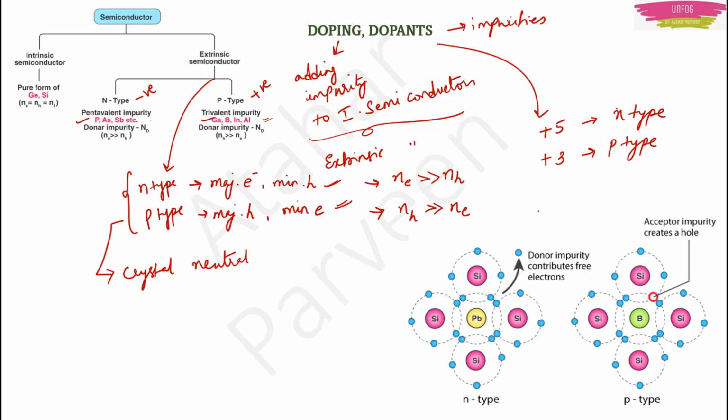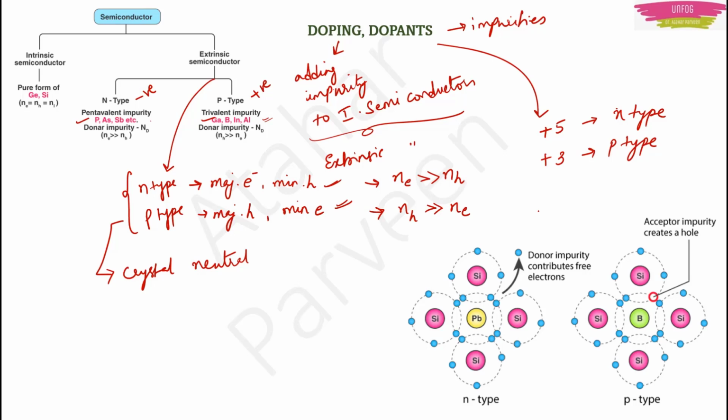We are adding the pentavalent or trivalent dopants and doping the N-type and P-type semiconductors such that the covalent bonds are completed, so that they become good semiconductors, meaning they conduct electricity. Okay. Usually the donor impurities contribute free electrons, and acceptor impurities create holes. Okay, this you have to remember.